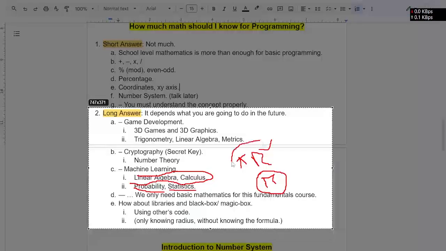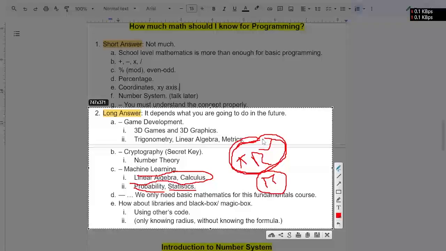You don't have to know the formula of the area of a circle. So if you have only the radius, you can generate the area of the circle, so you don't have to know this formula.